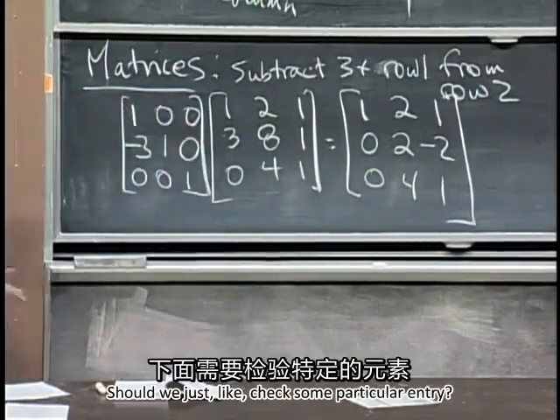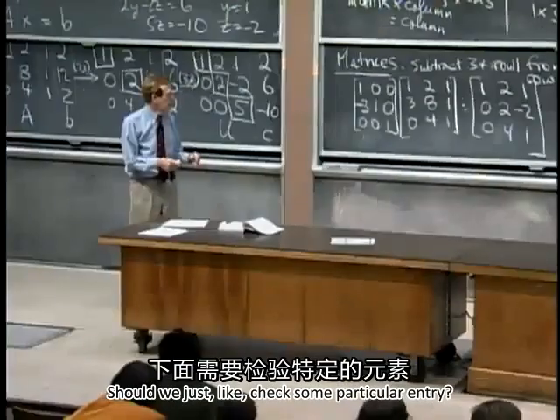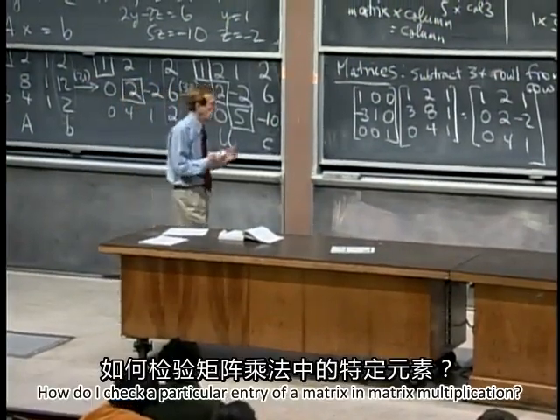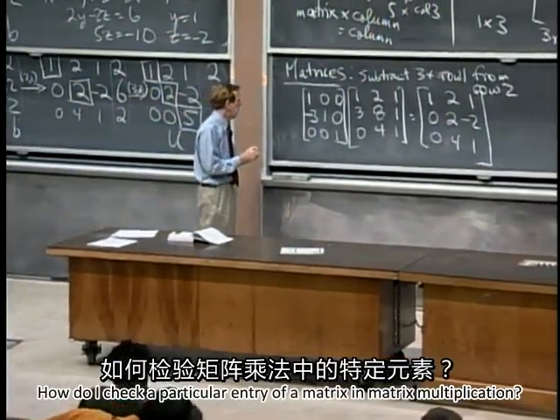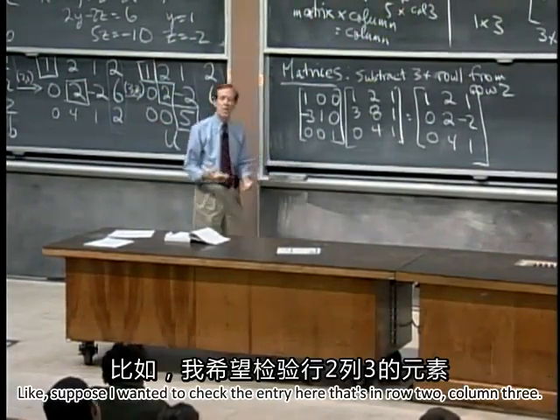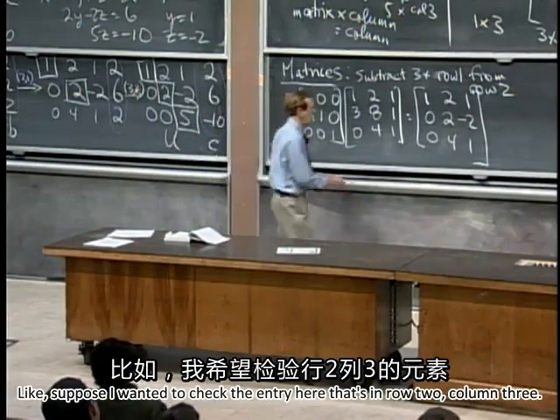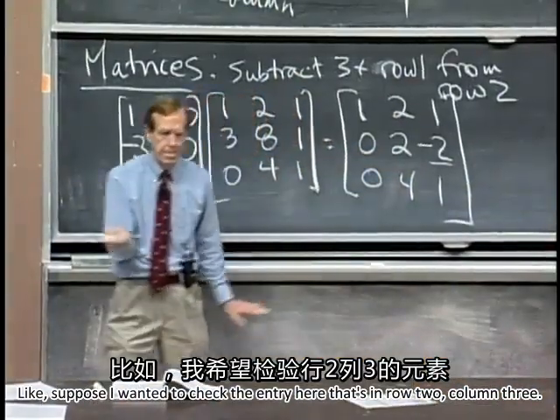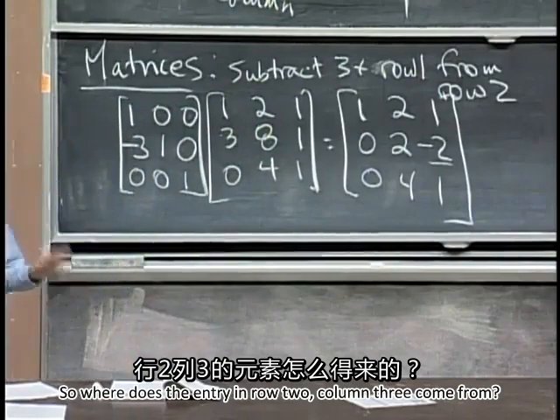Should we just check some particular entry? How do I check a particular entry of a matrix in matrix multiplication? Suppose I wanted to check the entry here that's in row 2, column 3. So where does the entry in row 2, column 3 come from?